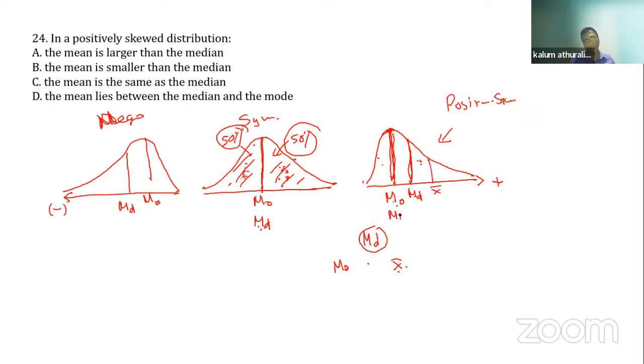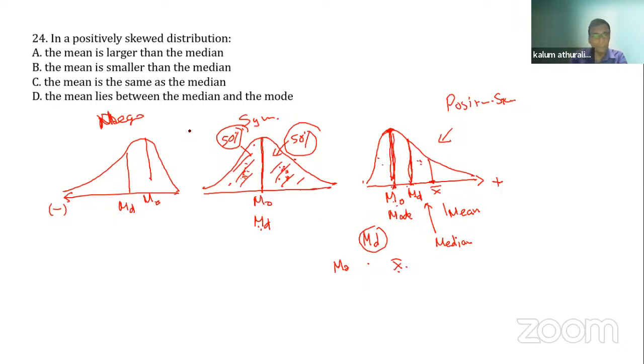This is mode. This is median, mean. This is median. But the maximum value is mean. Mean value is greater than this. Minimum value is mode. This value is smaller than these two.